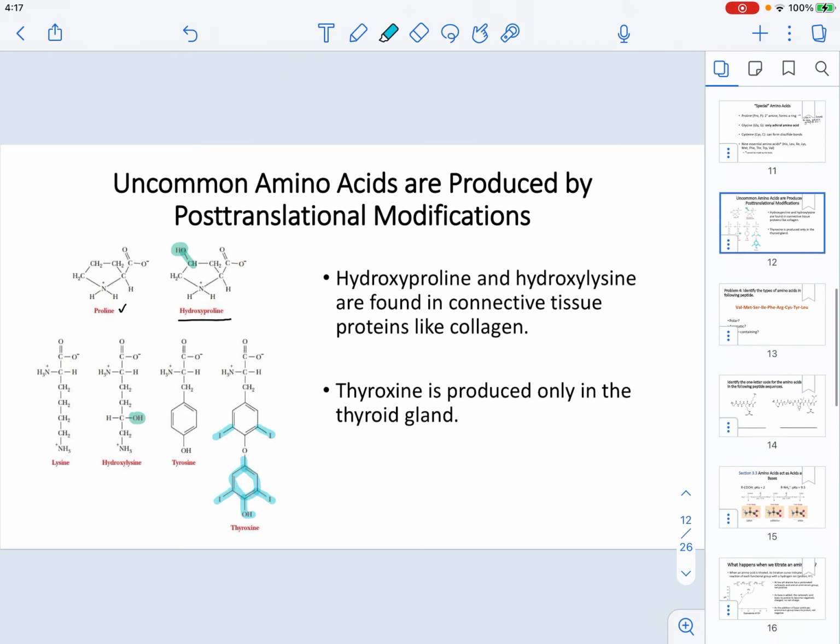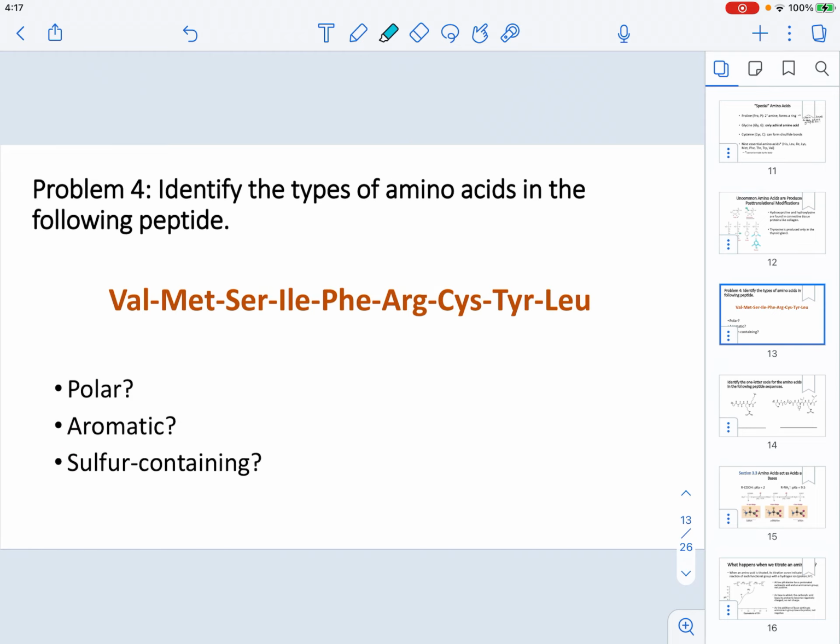So when it comes to amino acids, what exactly should you know about it other than the information that has already been presented to you? Well, let's actually do some practice. So when we look at these amino acids, as you can see on problem 4 in the textbook, it states, identify the types of amino acids in the following peptide.